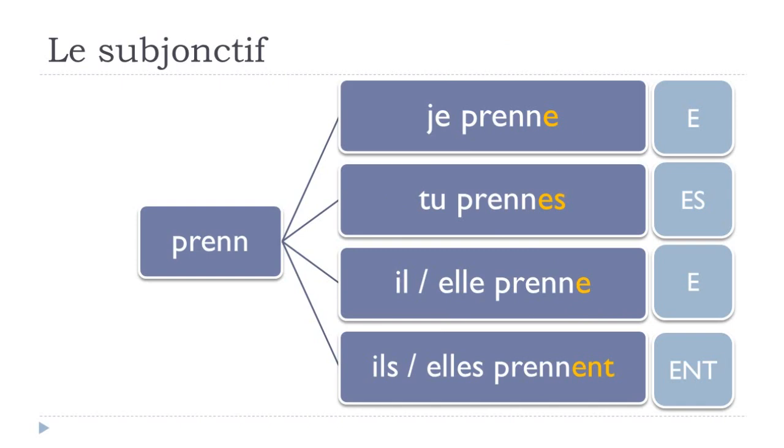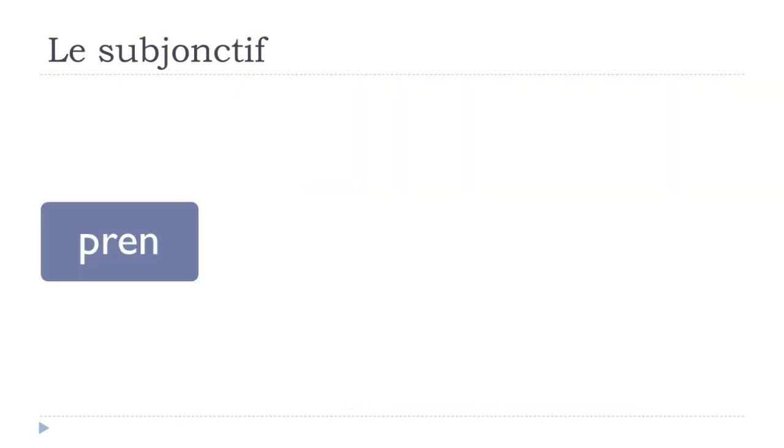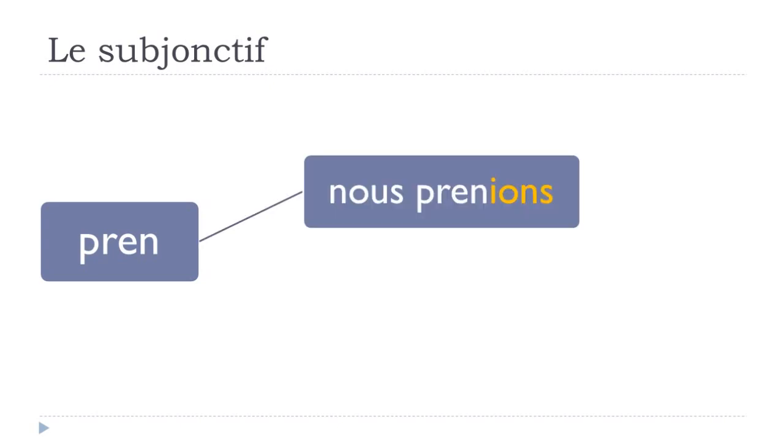So it's the first part, okay? Because if you remember, we had this part from nous as well. And as I told you, the difficulty of the subjunctive is just because we will have a difference of construction for nous and vous. In that case, we take this first part here, we put it here, and we put the ending I-O-N-S, ions.